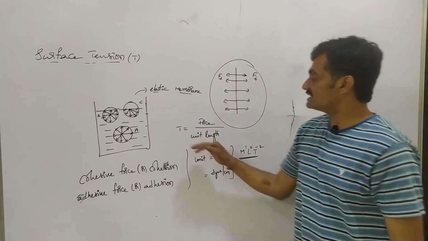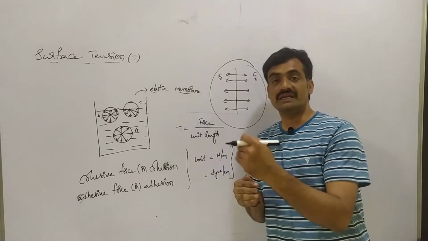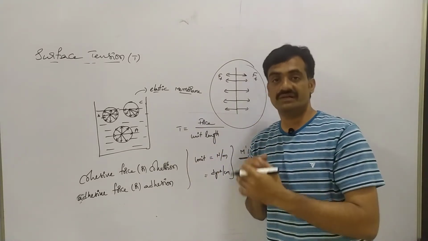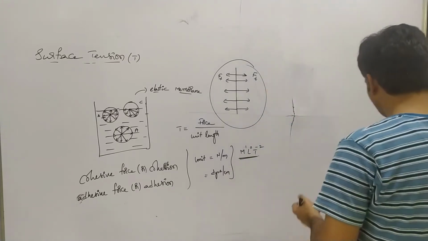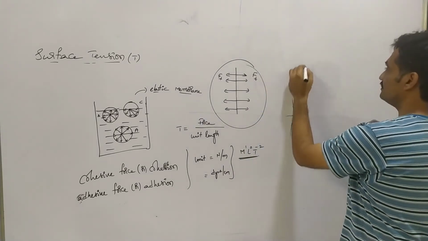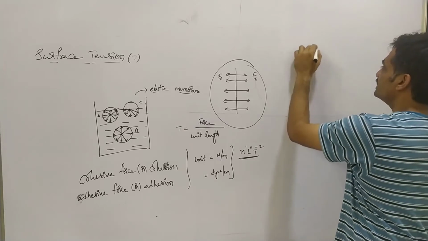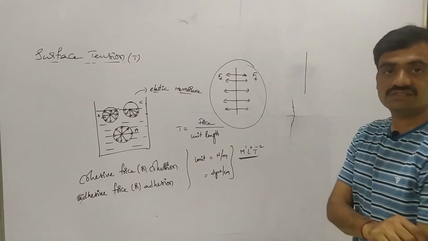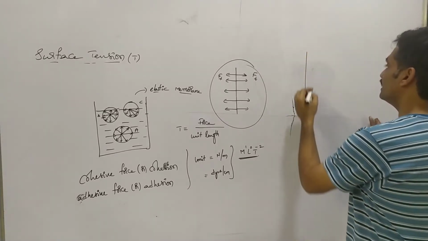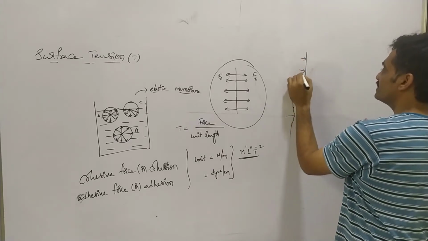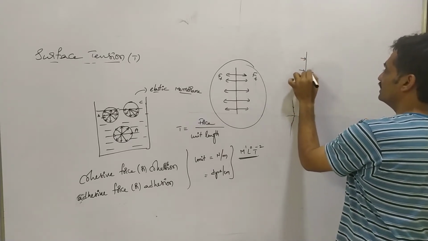This surface tension can be represented for different bodies. For example, when we consider a wire which is floating on the surface of a liquid, it experiences surface tension on both sides.